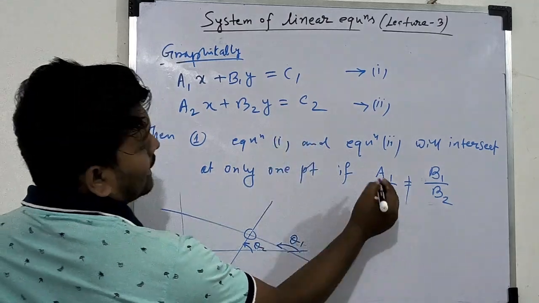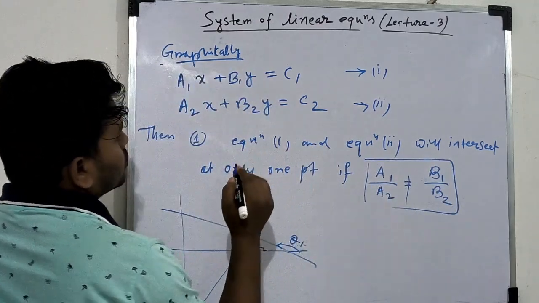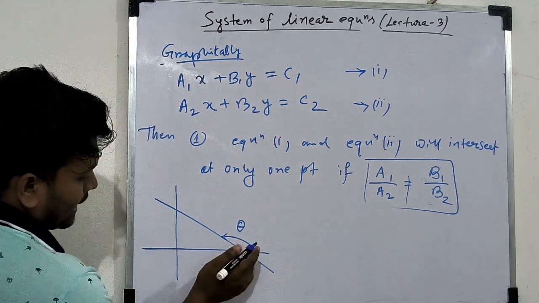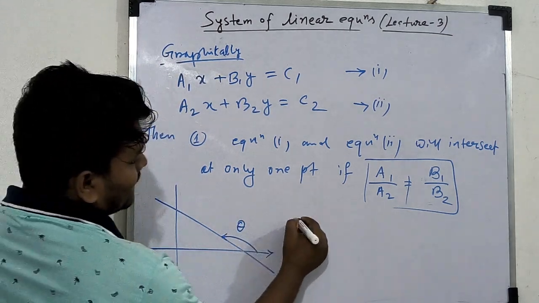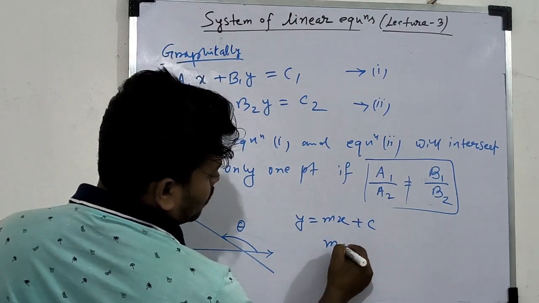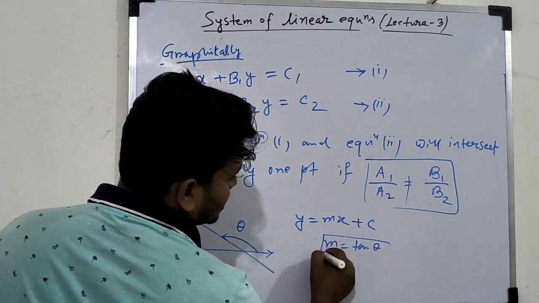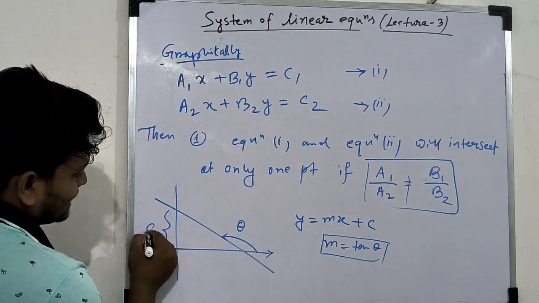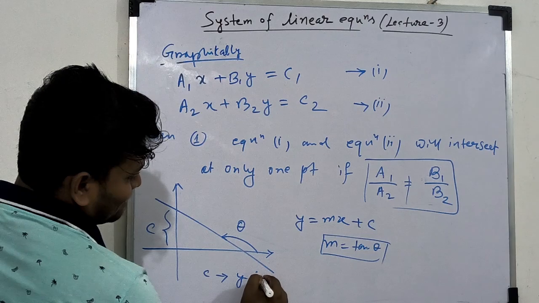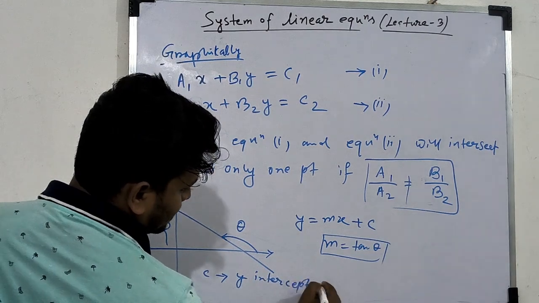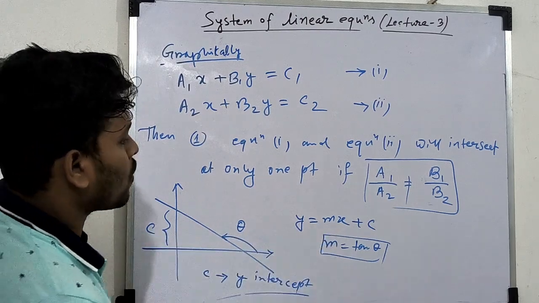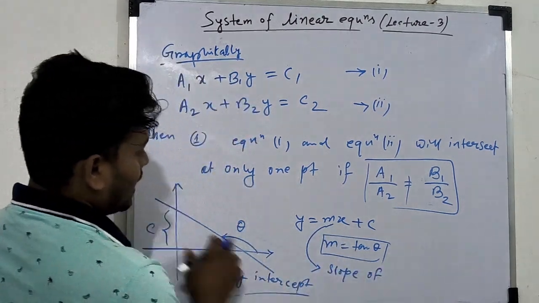These results come from the slope. Slope means, if this is the line and this is the angle theta with the positive x-axis, then the equation is y equal to mx plus c, where m is tan theta, which is called the slope, and c is called the y-intercept.